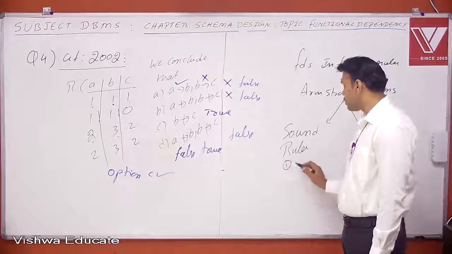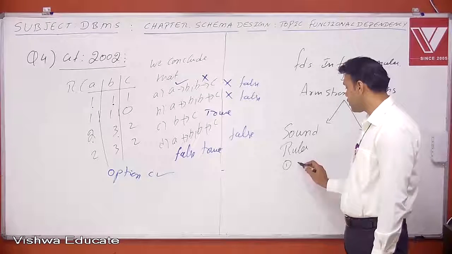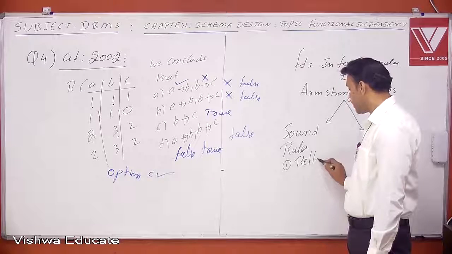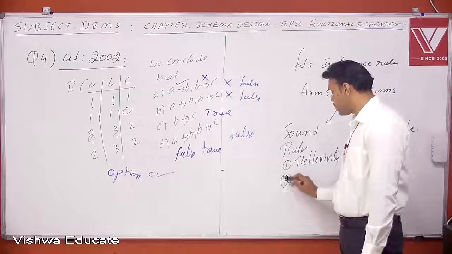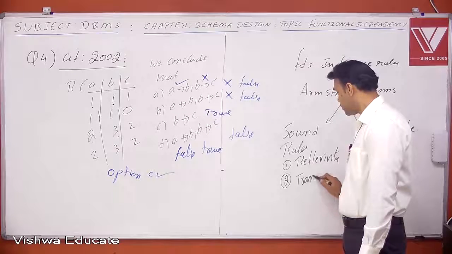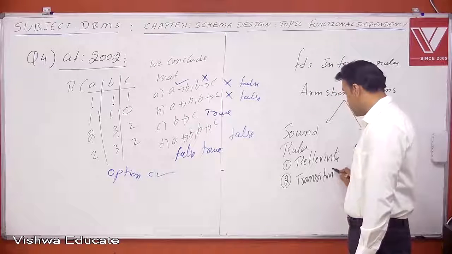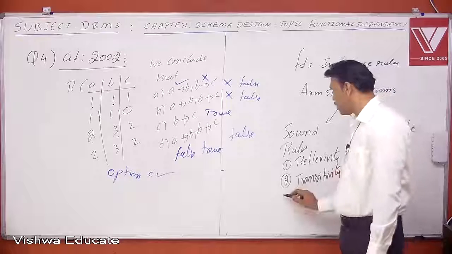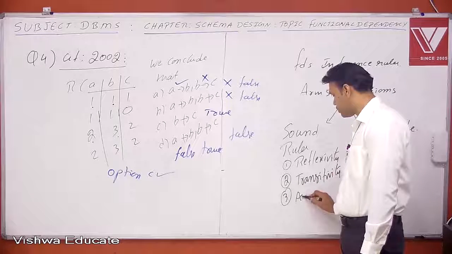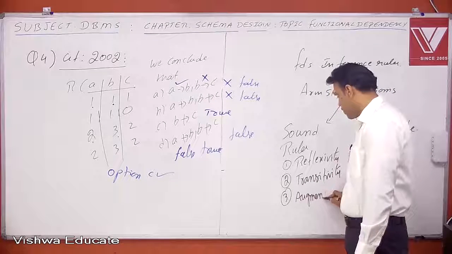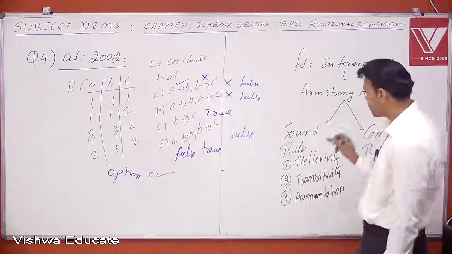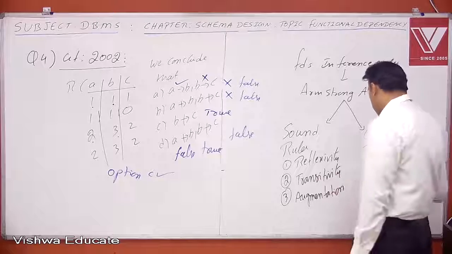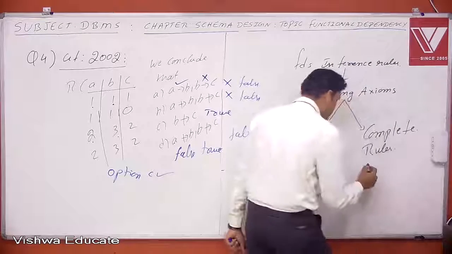Sound rules are 3. One is reflexivity. Number 2, transitivity. Number 3, augmentation. These 3 properties come under sound rules. And what are the complete rules?